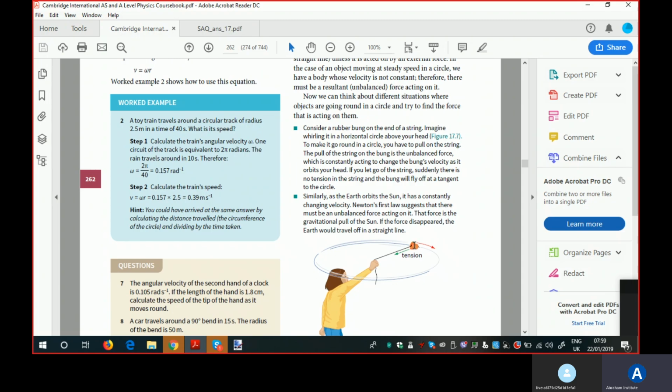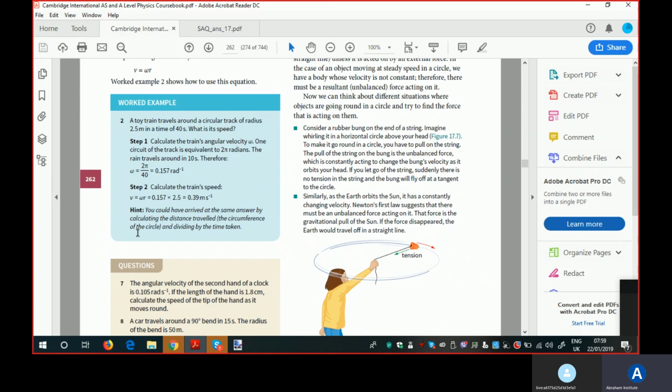So if she releases this, it will move at a tangent to this circle. At this moment, let's say this is the radius, so the speed v will be in this direction. It will move in this direction, at a tangent to the path that it was moving on at the moment the string or the tension is removed.